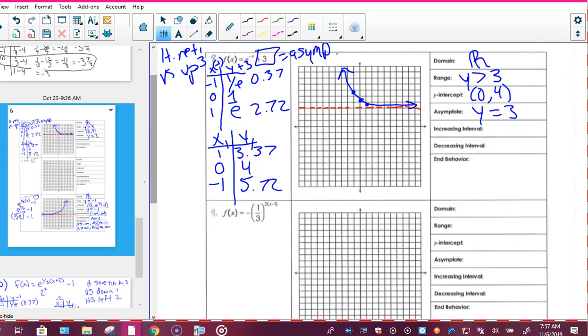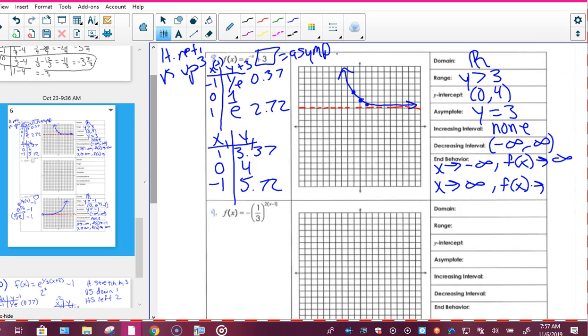We also have that point. Is this increasing or decreasing? Decreasing, not increasing at all. And then as x goes to -infinity, y goes to infinity, and as x goes to infinity, y goes to 3.